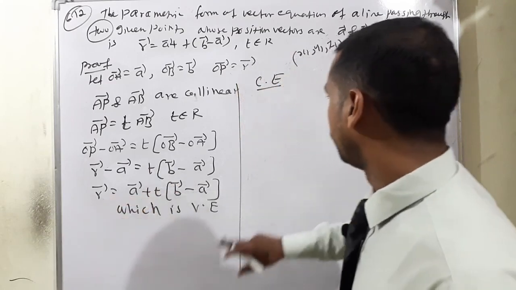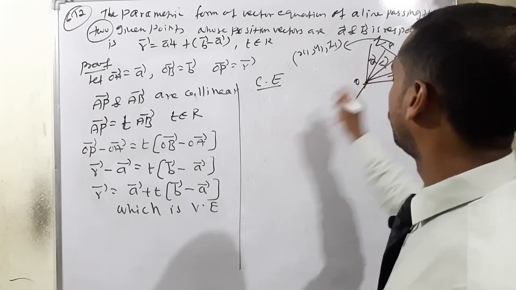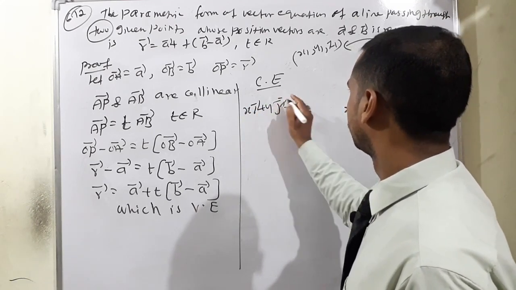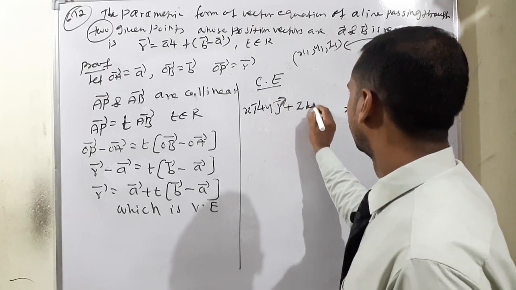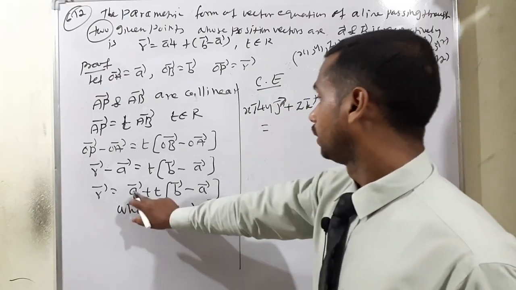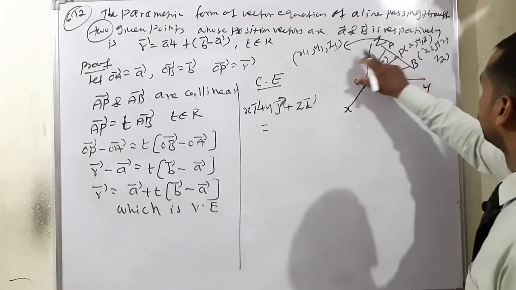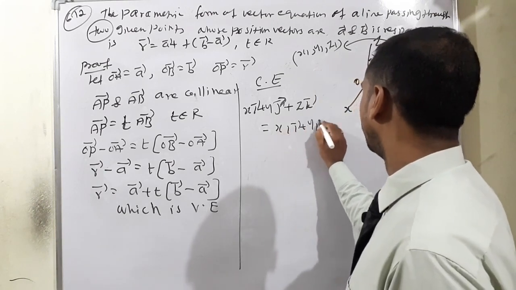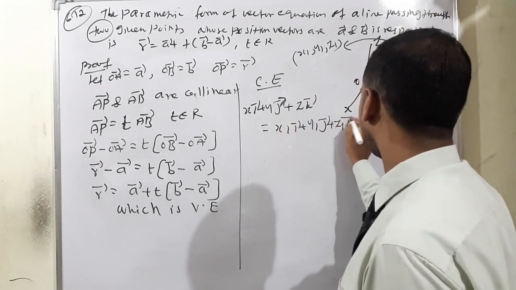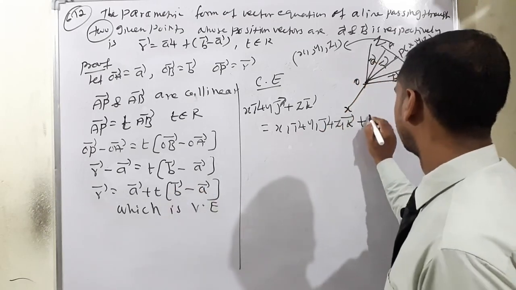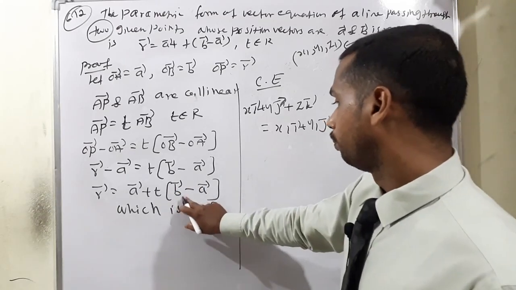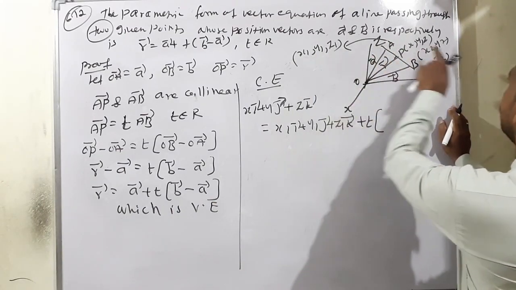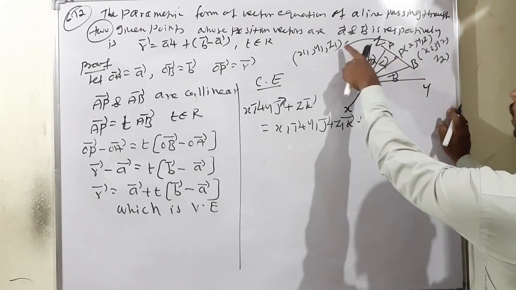R vector means x comma y comma z, that is xi vector plus yj vector plus zk vector is equal to, what is the meaning of A? A means x1i plus y1j plus z1k. So x1i plus y1j plus z1k, then plus T into B vector minus A vector, which is x2 minus x1, y2 minus y1, z2 minus z1.